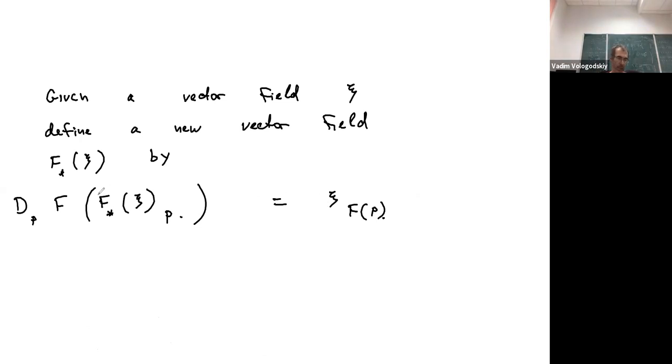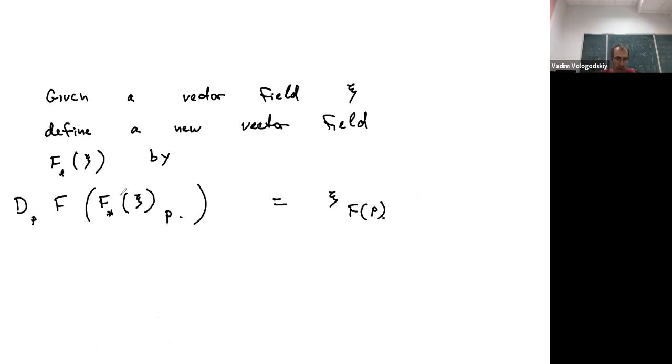So this defines an action. Again, it takes product, it defines an anti-representation of the group of diffeomorphisms on the vector space of vector fields, meaning that it takes composition to composition in the opposite direction. If you want a true action, you should put an inverse here.